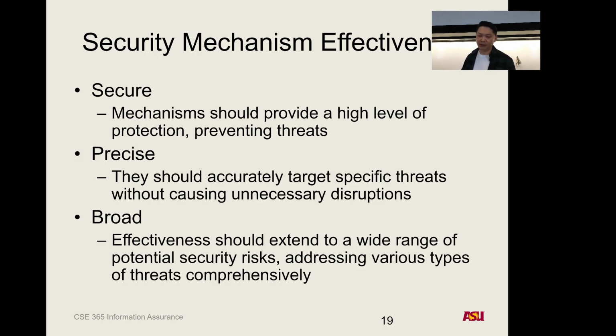Third, broad. The mechanism should provide the right protections and prevent threats. We can call that security, right? Or in cryptography, we call that entropy. So we can measure the security, the level of protections.